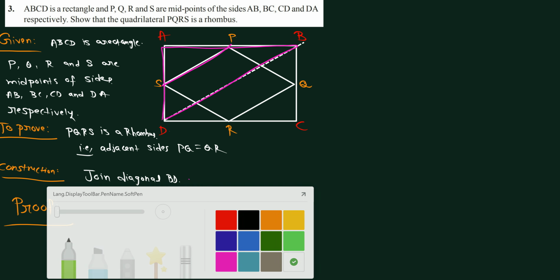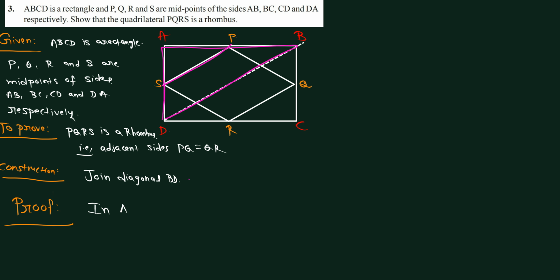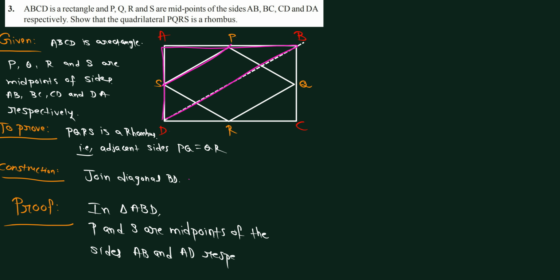In triangle ABD, P and S are the midpoints of the sides AB and AD respectively.